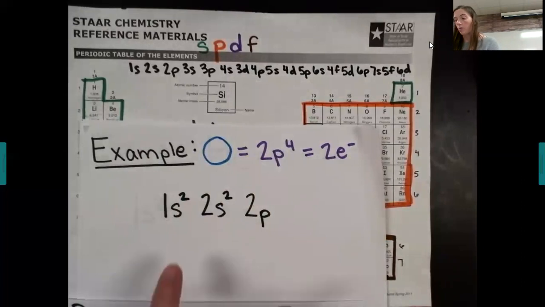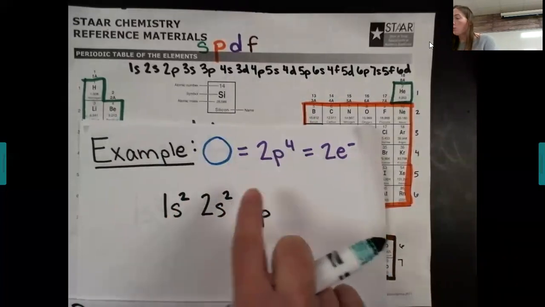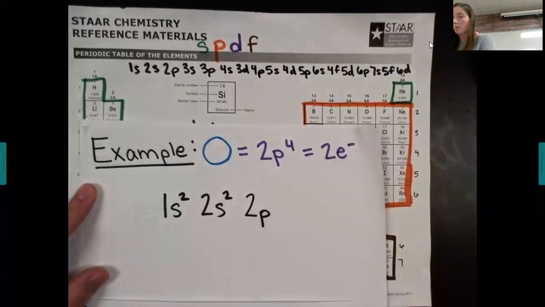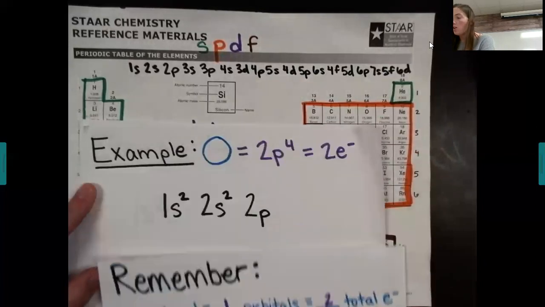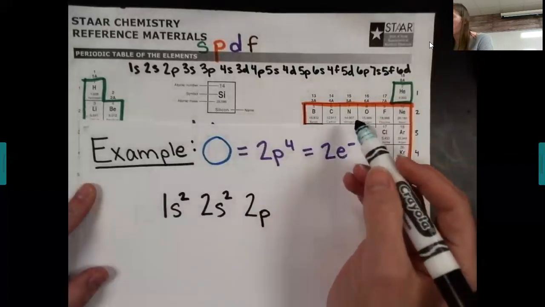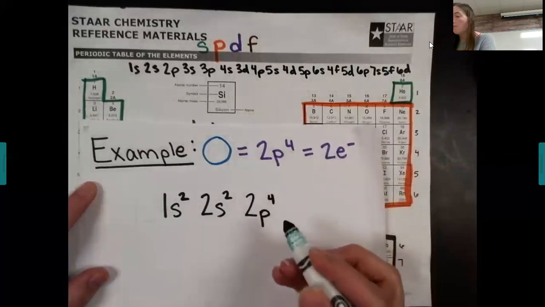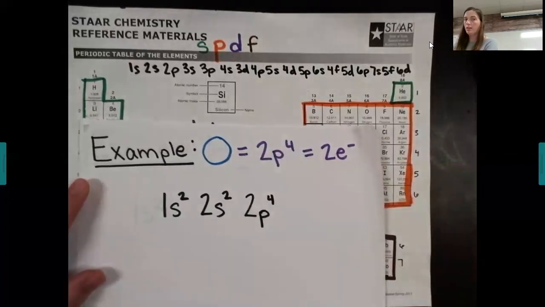So the 1s holds 2 electrons, 2s holds 2 electrons. And when we get to the 2p, we're not doing all 6 of them, because remember that the p can hold up to 6 electrons. Nope, we just need 4 to get to oxygen. 1, 2, 3, 4. So I'm going to say 2p4 to make it match where oxygen is.